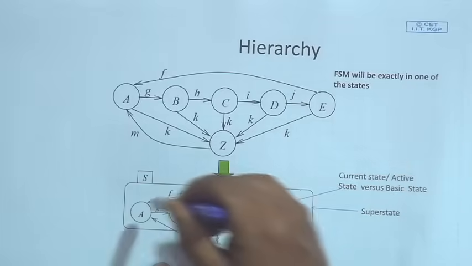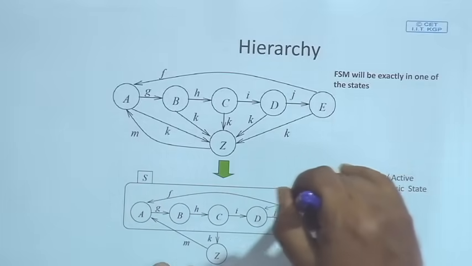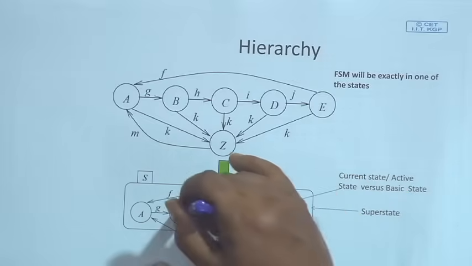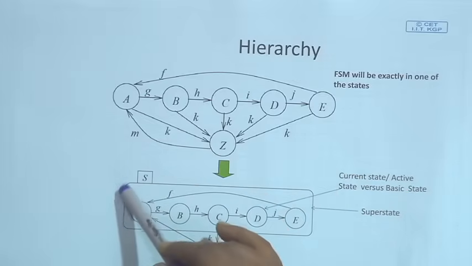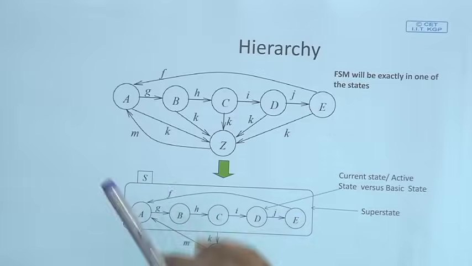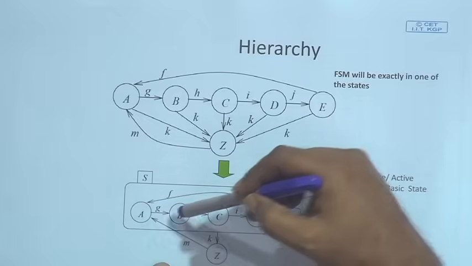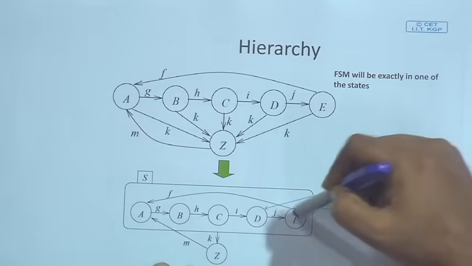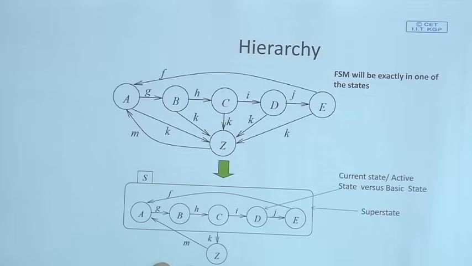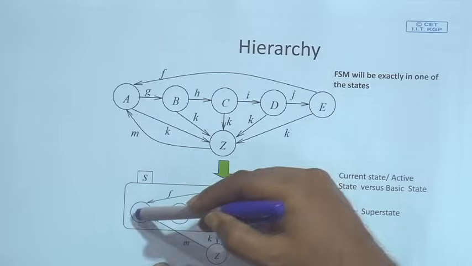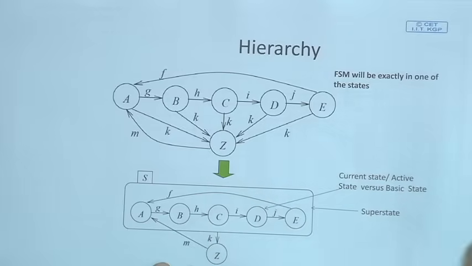If the system remains in either of these states, in A or B or C or D or E, then it is in state S. So, these states are the OR states.